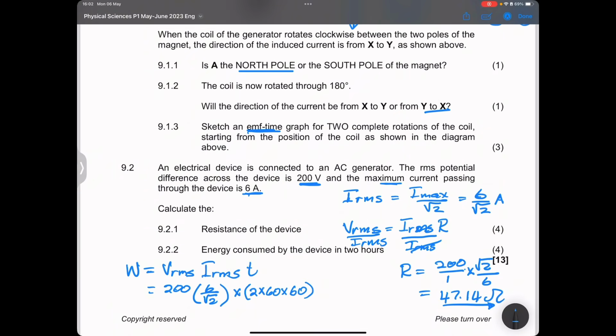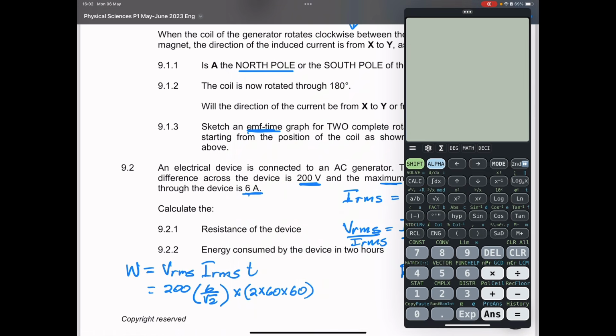Okay, so let's find out what the product is over there. So that's going to be 200 multiplied by 6 divided by square root of 2. In fact, let me do this just to be 6 times 2 times 3,600. 3,600, remember, this is the time that it takes, and this is all divided by square root of 2.